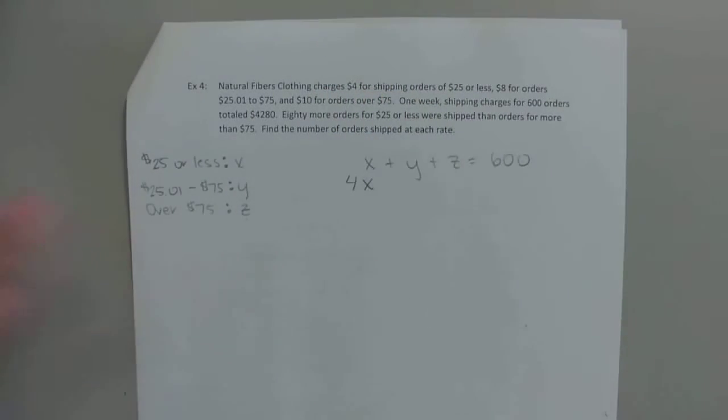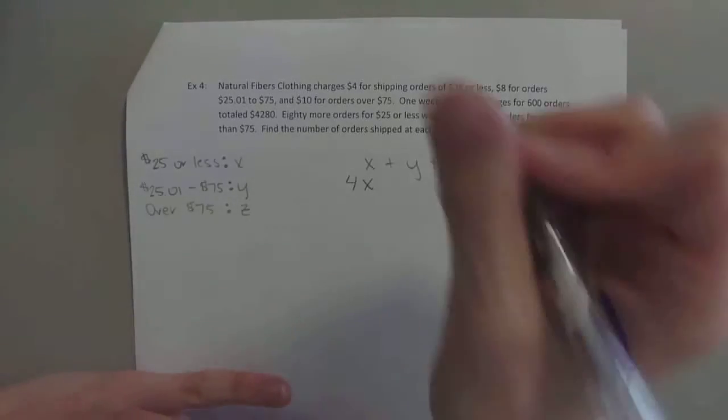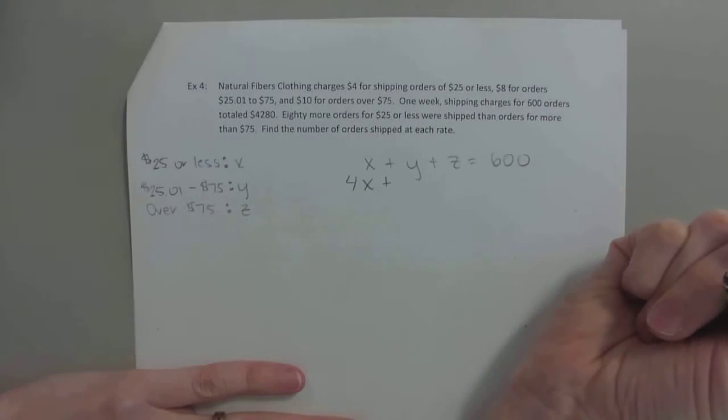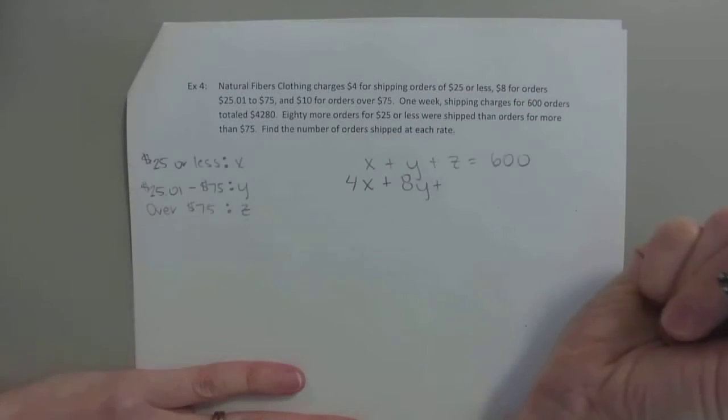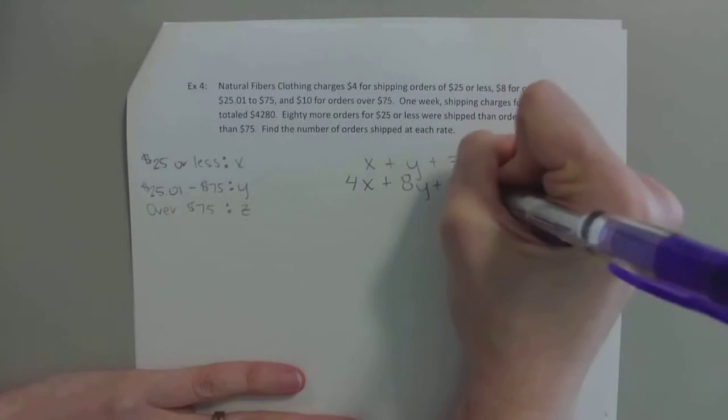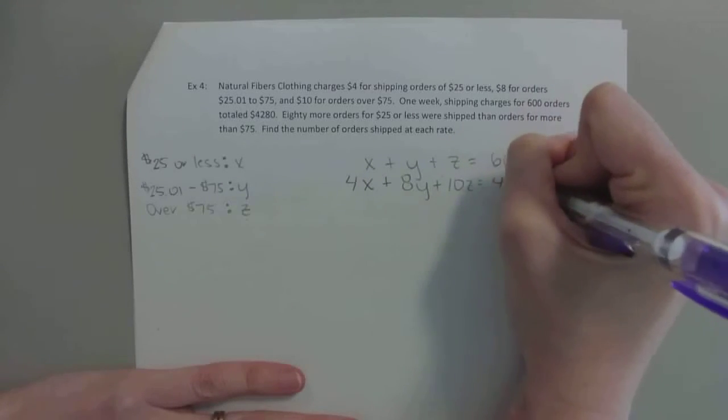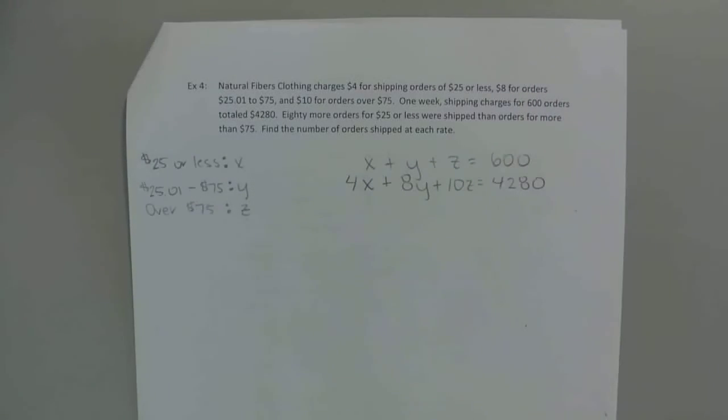We'll just have $4 for every X. How are we going to do Y? $8, 8Y. And then Z? 10Z. And what did we say the total shipping was? 4,280. So notice one equation was simply how many total orders we looked at, and one equation was that each of those orders was multiplied by $4, $8, or $10 in shipping. That gave us a total shipping amount.